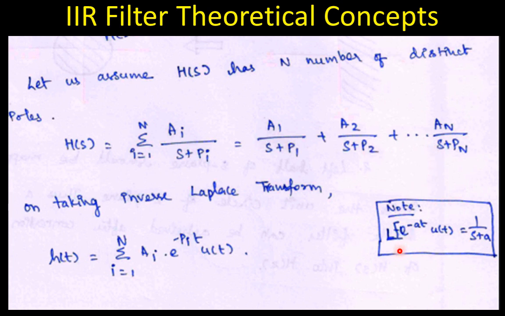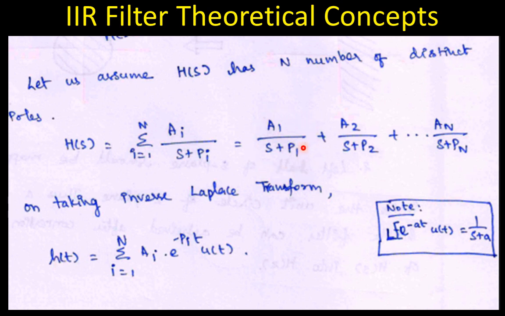Here I would like you to note one thing: there is a formula in Laplace transform. If you take the Laplace transform of e power minus at into u of t, you obtain the format 1 by s plus a. See this, this 1 by s plus a is the format available over here. So we have H of s, and if we take the inverse Laplace transform of H of s, we can obtain H of t.